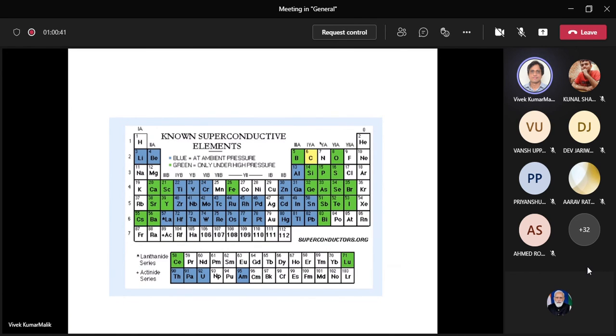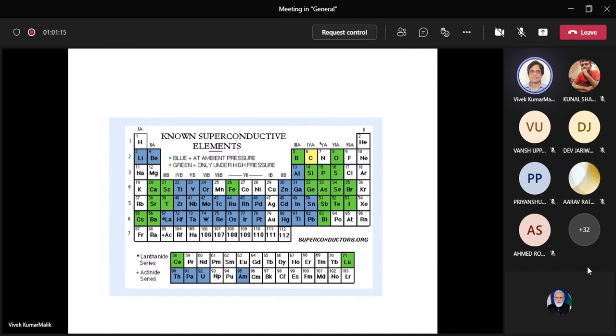So you can directly see that materials with high conductivity like gold, silver, copper are not superconductors. They do not become superconductors, because in these materials the electron-phonon interaction is very weak, and hence they do not form Cooper pairs at detectable temperatures, even after applying high pressure.